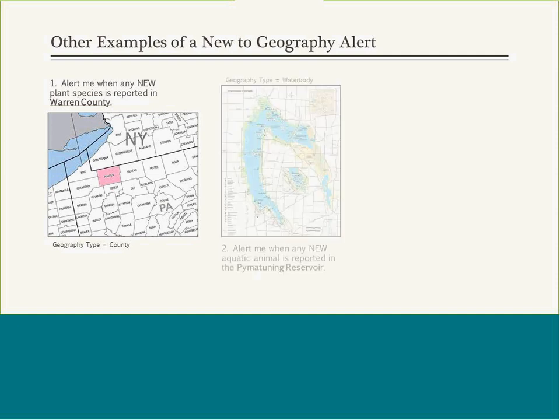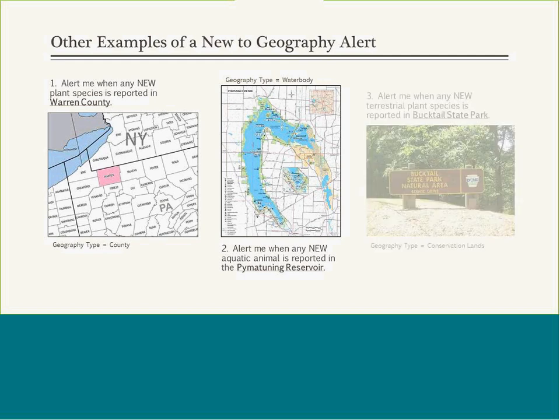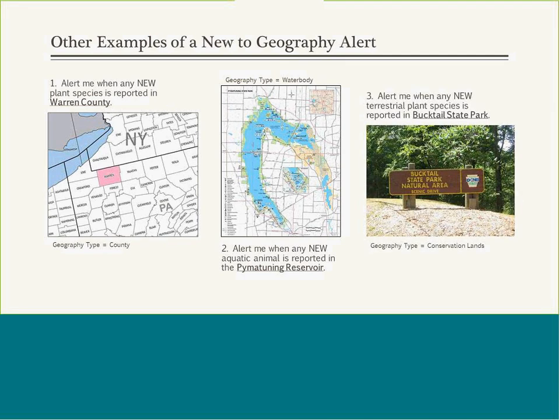If you live in Warren, that might be appropriate to do. Alert me when any new aquatic animal is reported in the Pymatuning Reservoir. So if you're looking at doing work in a water body, again, this might be important for you. You could say something like, alert me when any new terrestrial plant species is reported in Bucktail State Park. So if you're working specifically in a state park or something like that, again, this might be an important way to be notified when something new comes along.